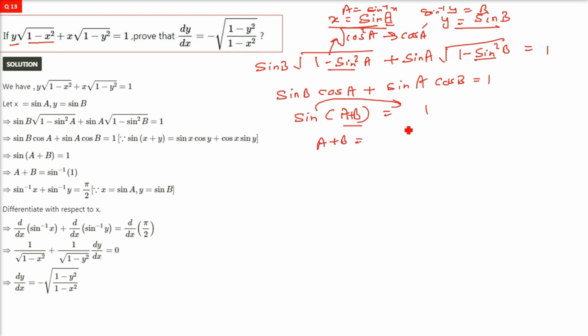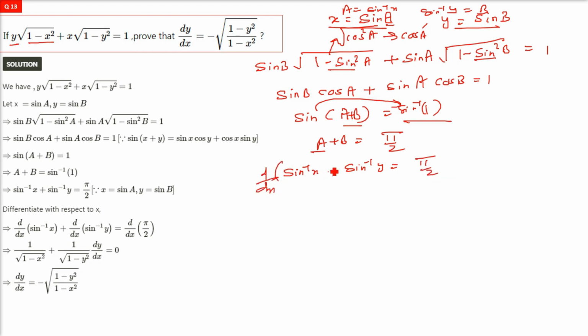So A plus B is equal to sine inverse of 1. Sine inverse of 1 is what? It is 90 degrees, pi by 2 you can write. And in place of A and B, we replace them by sine inverse x plus sine inverse y. So sine inverse x plus sine inverse y is equal to pi by 2.